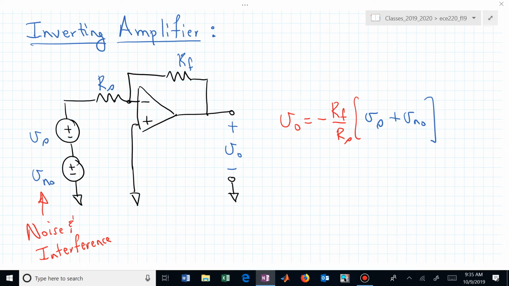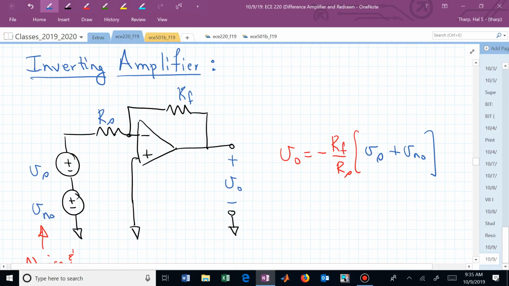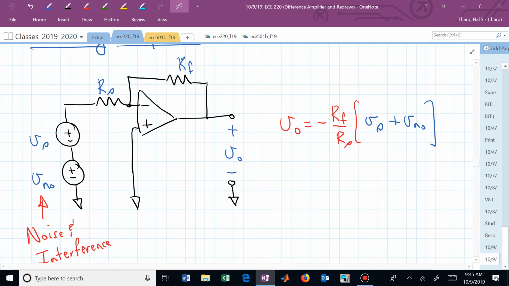But what's happening now in this unmodified version of the inverting amplifier circuit? What's happening now if we have noise present? The noise is actually amplified.